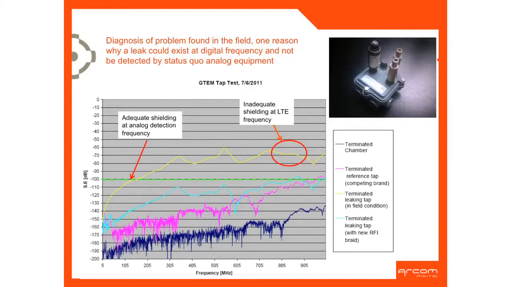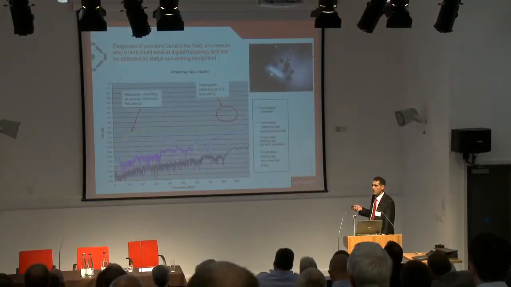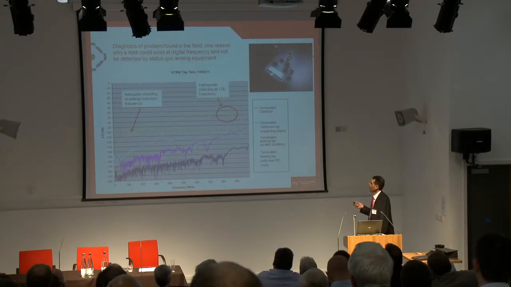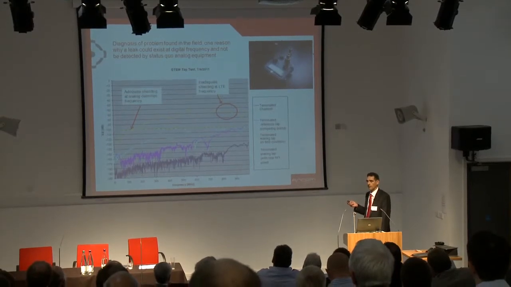And the leaking tap in the field condition is represented by a yellow line. As you can see, it has proper shielding at the frequency range where the analog detectors work. But it has not good shielding at high frequency.